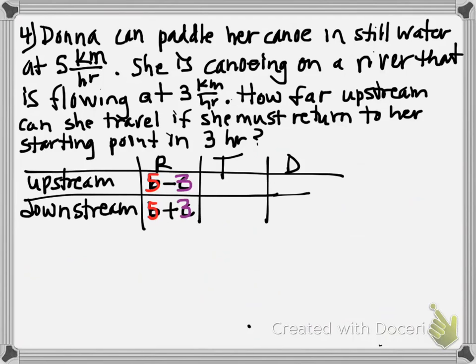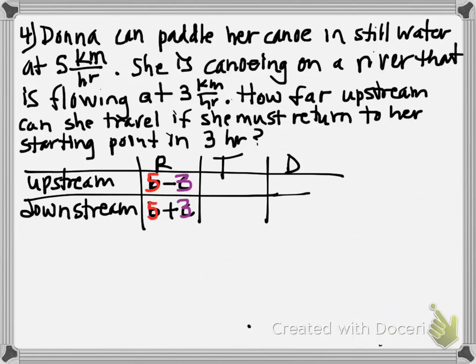Okay? Now comes the weird part. How do we come up with the time? Well, we've got the two distances or the time together is 3 hours. So what we talked about in past chapters is if we have time that is representing two different portions, we're going to let one be x and the other one be the total time 3 minus x.